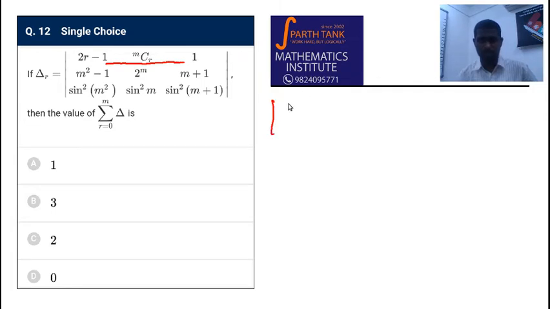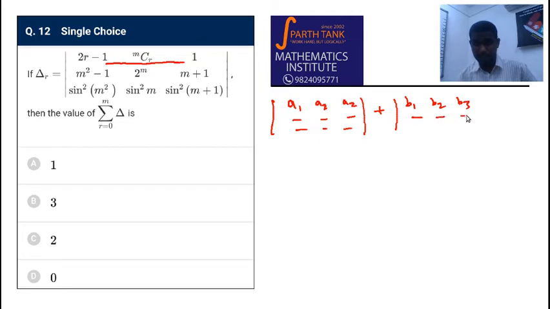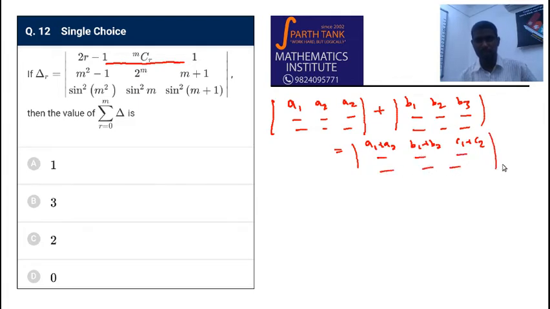Okay, what do I mean, and how can we use this property? We know this, right? That is, if there is a determinant a1, a2, a3, and then here there are some elements, and if you add it to another determinant b1, b2, b3, and if you have the same rows here, same elements here also, this can be written as a1 plus b1, a2 plus b2, a3 plus b3, and keep the same elements here, right?